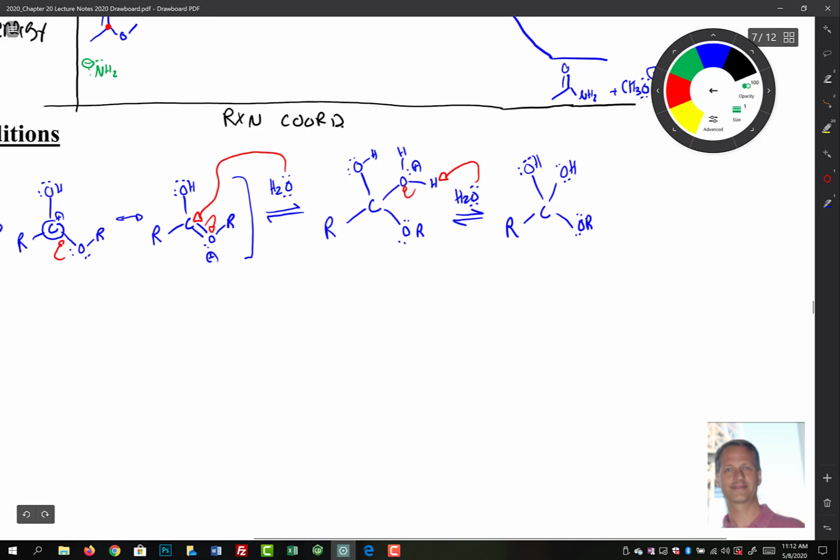Now this thing is, we start off with an ester, and your ester has essentially consumed a molecule of water, so we call this thing an ester hydrate.